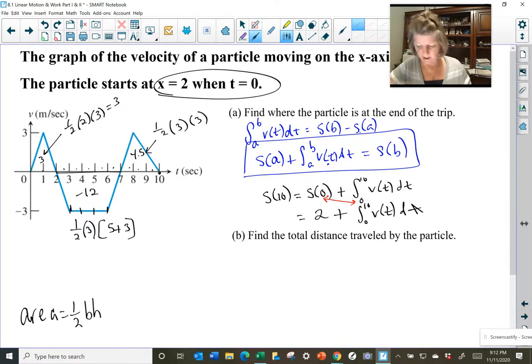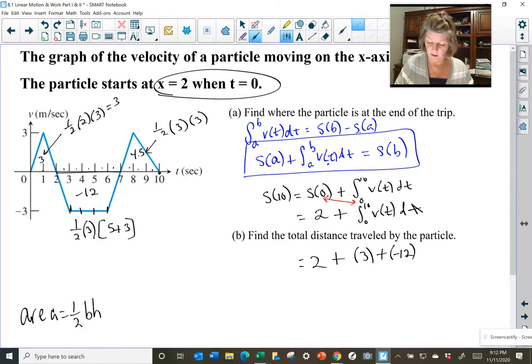And now I bring that into my body of work. I get a 2 plus, minus 12, plus 3, plus 4.5. It wants to know where it's at the end of the trip. That means I'm working with displacement. So I'm going to use the positives and the negatives with no absolute valuing it because I'm not after total distance covered.